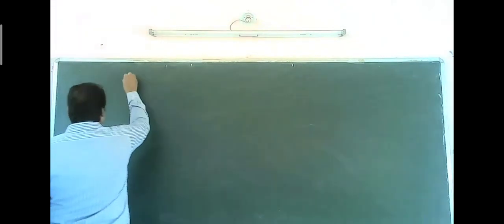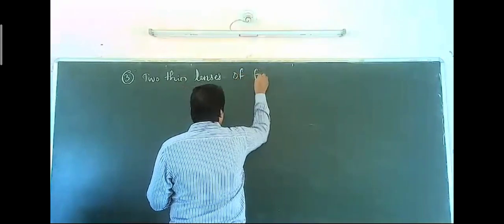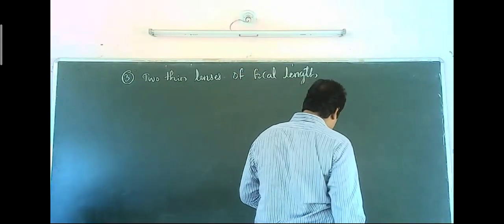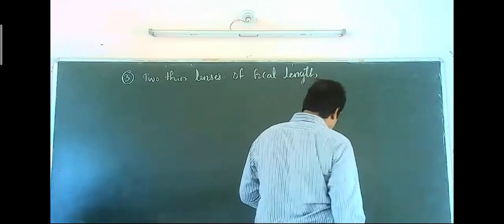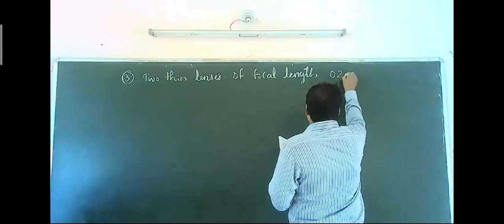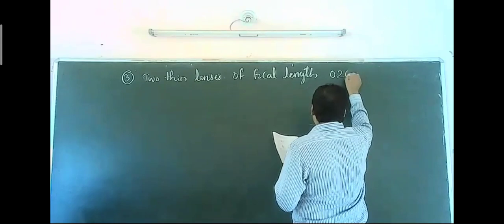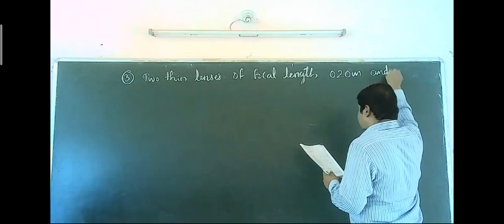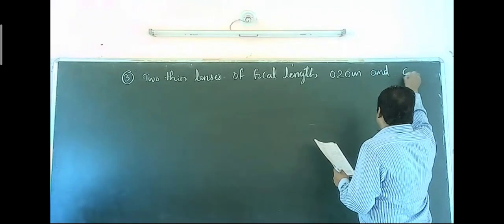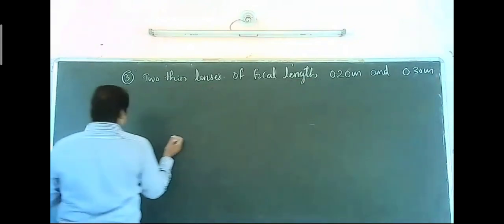Problem number 3: two thin lenses of focal length 0.20 meter and 0.30 meter are kept in contact.